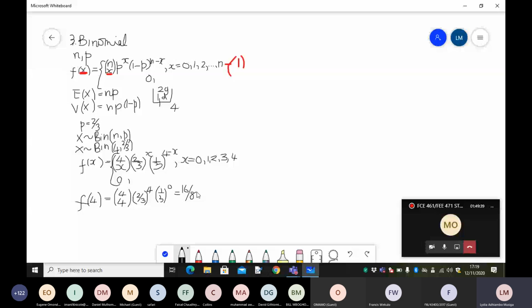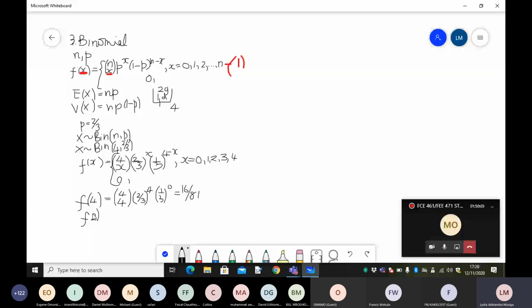And the second part is asking us for the probability that we select 2 good and 2 defective bulbs. That one is just f of 2, because you're looking for 2 successes.